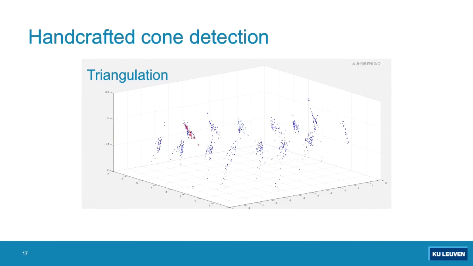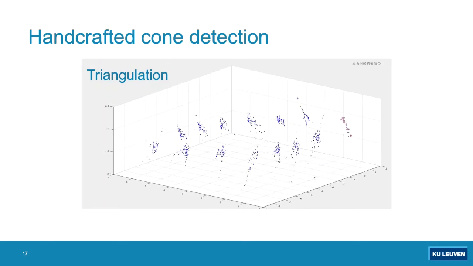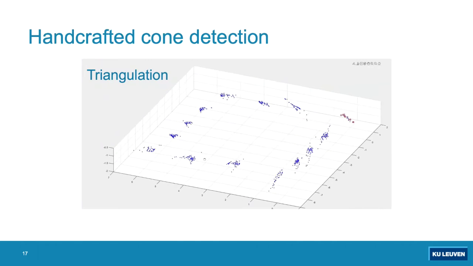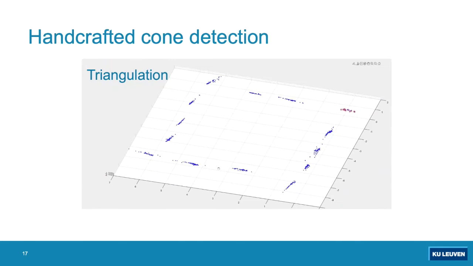And you see a large spread both in the direction that the camera is going, so in the depth, which is expected, as well as a large spread in Z direction, which is due to the 180 degrees camera. So if the cone is right underneath the camera, it would still detect it, but it's a bad detection. So we should filter that out, but we're still improving.